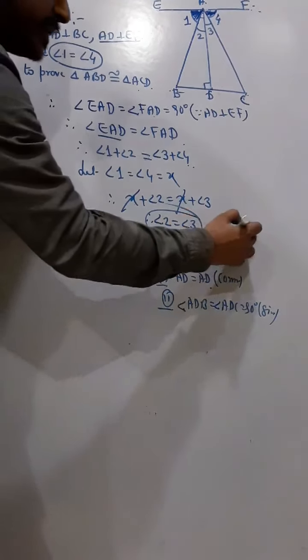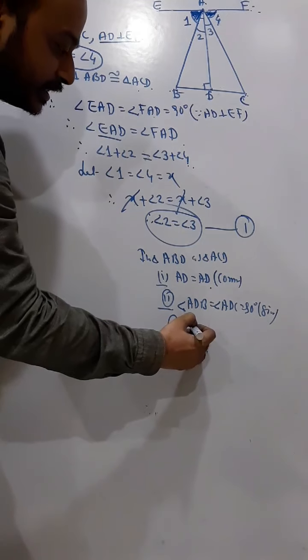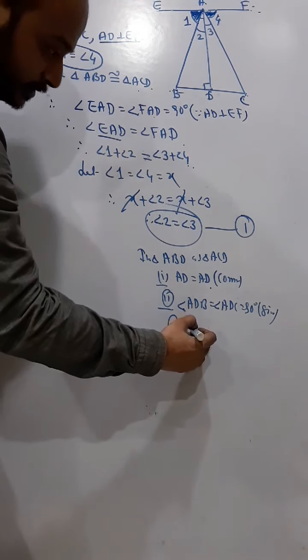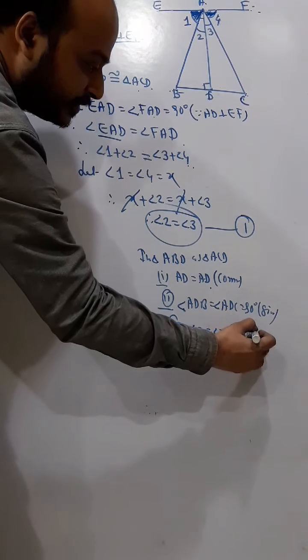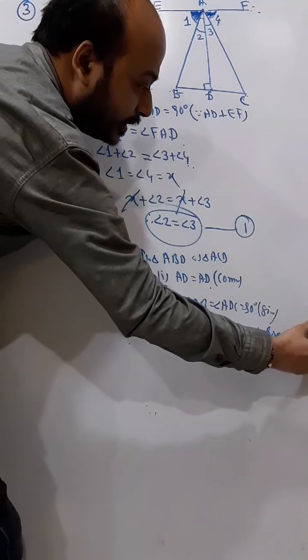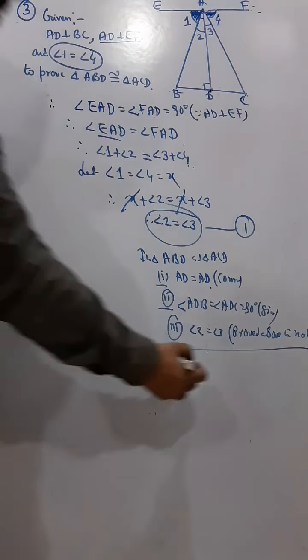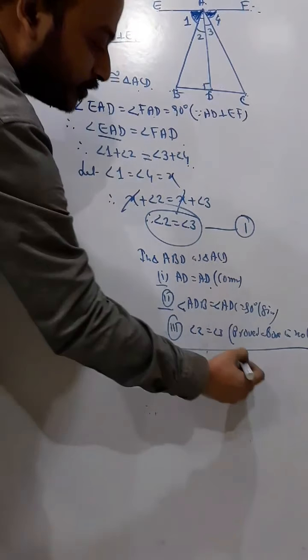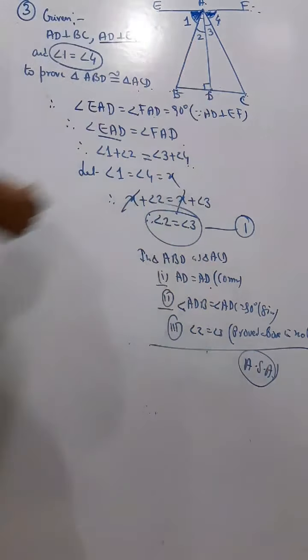And the third, we can mark the earlier result as number 1, and say that angle 2 is equal to angle 3, proved above in number 1. And therefore these two triangles are congruent by angle, side, angle criteria.